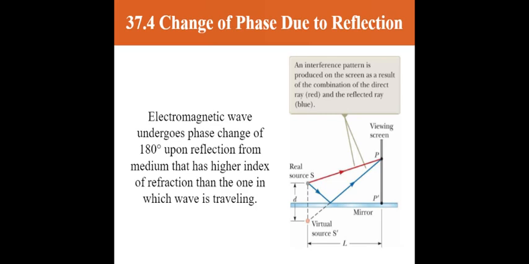So we would also expect that, in the same way that mechanical waves can reflect off right side up or upside down, light waves also, when reflecting off surfaces, can end up being reflected upside down or right side up. In other words, reflection can shift the light wave out of phase. And that's what actually happens in this case. When the light hits the mirror, it gets reflected 180 degrees out of phase.